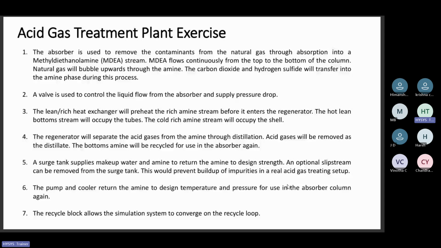The recycle block is used, which allows the simulation system to converge on a recycle loop. You must remember that while using the different logical operators in Aspen HYSYS, we have not covered the recycle block. So in this example, we will be just covering the application of the recycle loop.